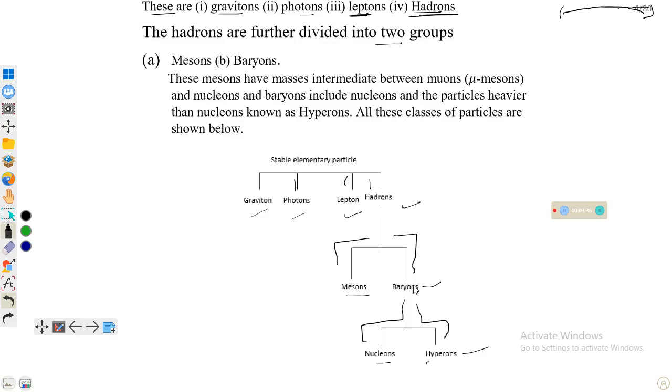In the coming slides, we will discuss which particles come in the category of nucleons, which particles come in the category of hyperons, and certainly if some particles belong to the category of nucleons or hyperons, they will come in the category of baryons. We will also discuss the difference between mesons and baryons.